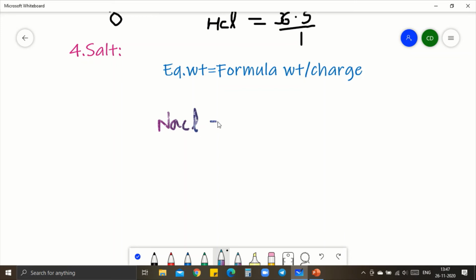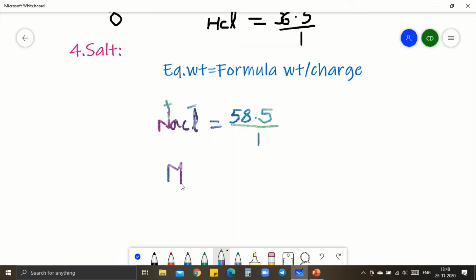For Cl it is 35.5 and sodium it is 23, and total it is 58.5. 58.5 divided by what is the charge here? It gets split into Na plus and Cl minus. So the magnitude of charge is 1. So the equivalent weight of NaCl is 58.5.